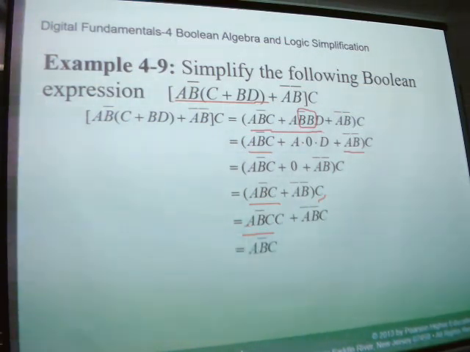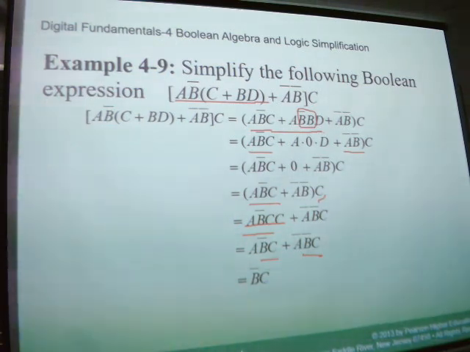And this term C and C equals C, so it equals AB bar C plus A bar B bar C. Then the common factor is B bar C. So A plus A bar equals 1, and B bar C. Because A plus A bar equals 1.